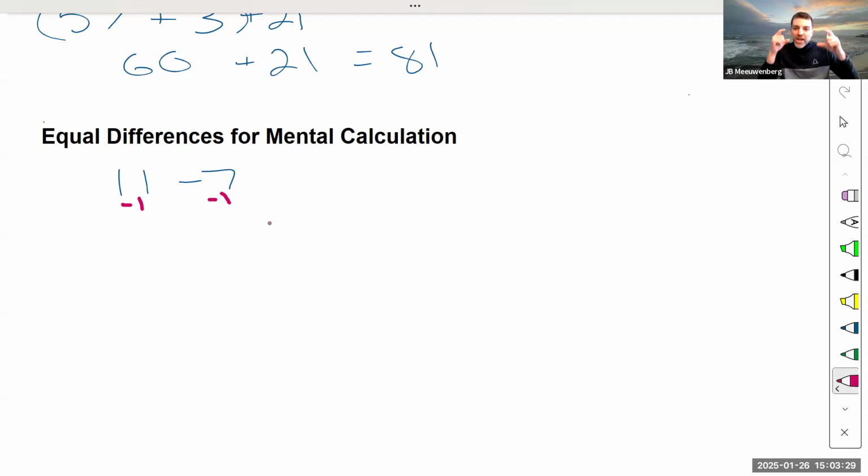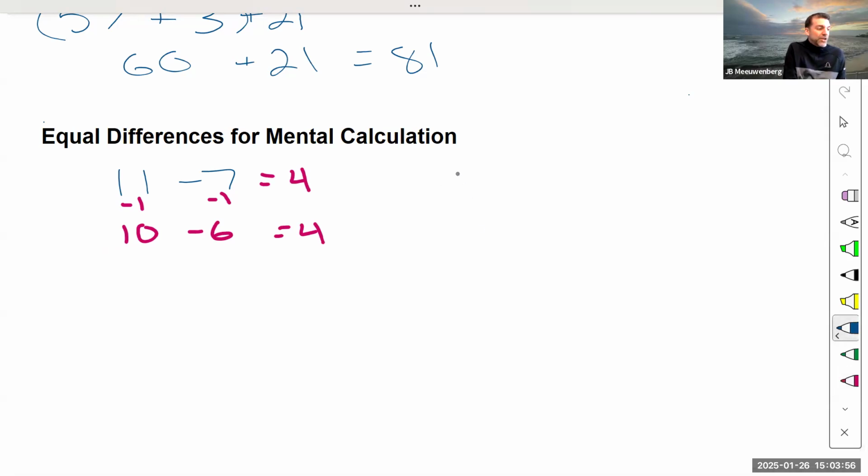Change them both by an equal difference and said it was 10 minus 6. 10 minus 6 for most people is going to be an easier calculation. Starting at that 10 usually is nice. 10 minus 6 is 4. It's the same difference either way, but this one might be easier for some people to do.